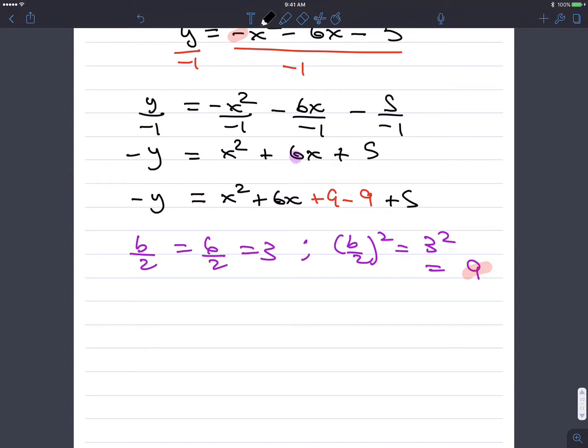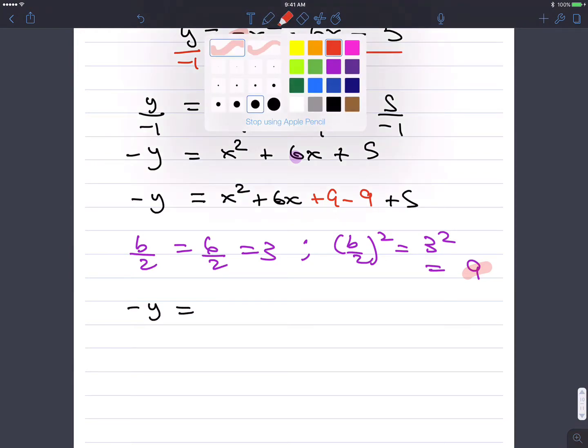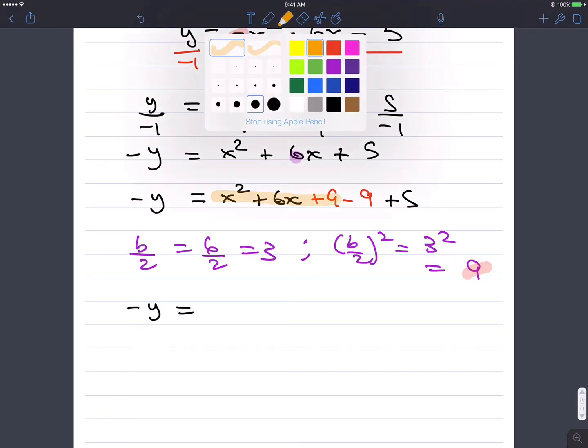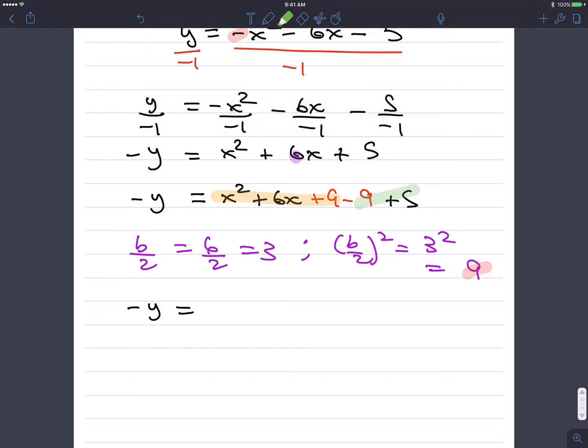We get negative y is x squared. Well, let's go through the process. Let me remind you, perfect square trinomial, we factor, and then we have some arithmetic to perform. So we get x plus 3 squared minus 4.